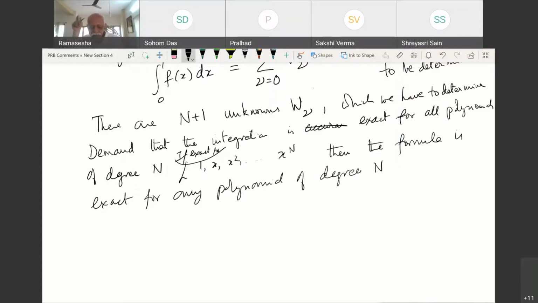So I need to demand that it's exact for 1, it's exact for x, it's exact for x squared, all the way to x to the power n.